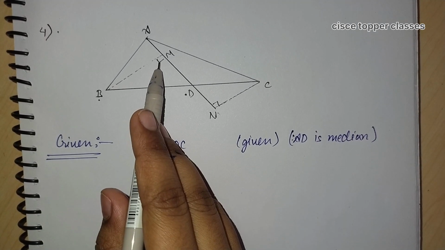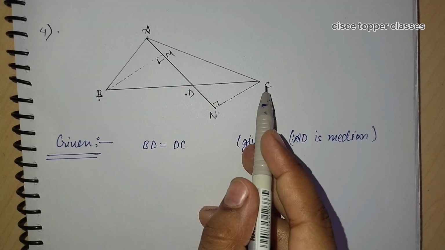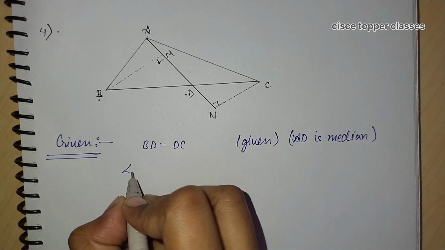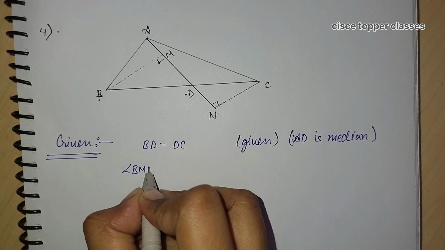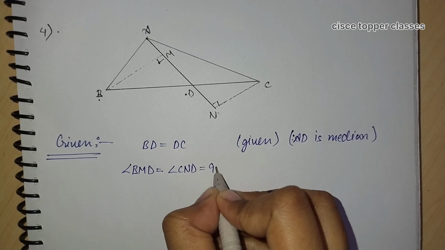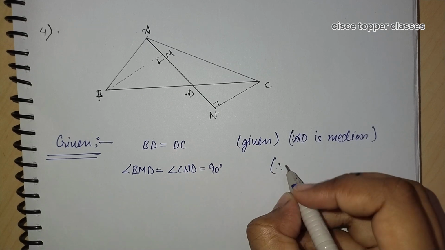Now here we have right angle triangles. So angle BMD and angle CND are equal because they are perpendicular. So angle BMD and angle CND are equal to 90 degrees.